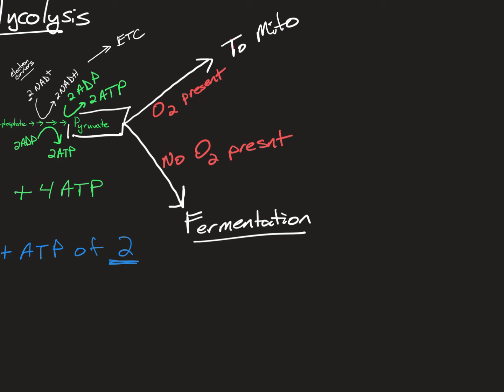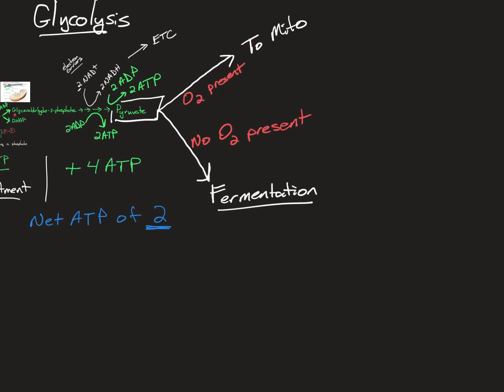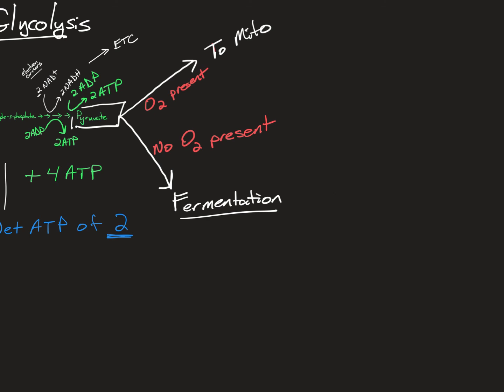If there's not enough oxygen present, it doesn't have to be that someone's choking you to death, or that you're underneath the ice, you fell through a lake, you're drowning. That's not necessarily the only reason that you would do fermentation. It's also when you're doing aerobic exercise. You're pushing yourself to the point where you don't have enough oxygen for the need of your body, so you produce this thing called fermentation.